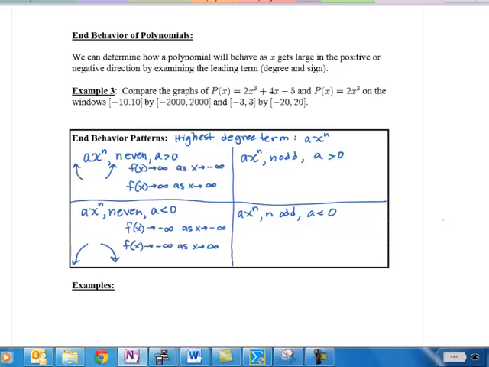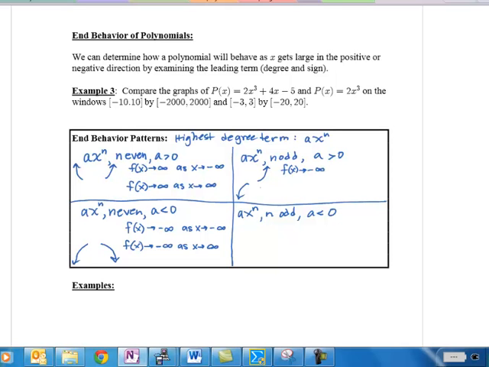Then we want to take a look at the odd integer exponent cases. So if we have like 2x to the third, then the ends of the graph will look like the ends of the x cubed graph. As we go left, the function values are going down. So we would say f of x goes to negative infinity.